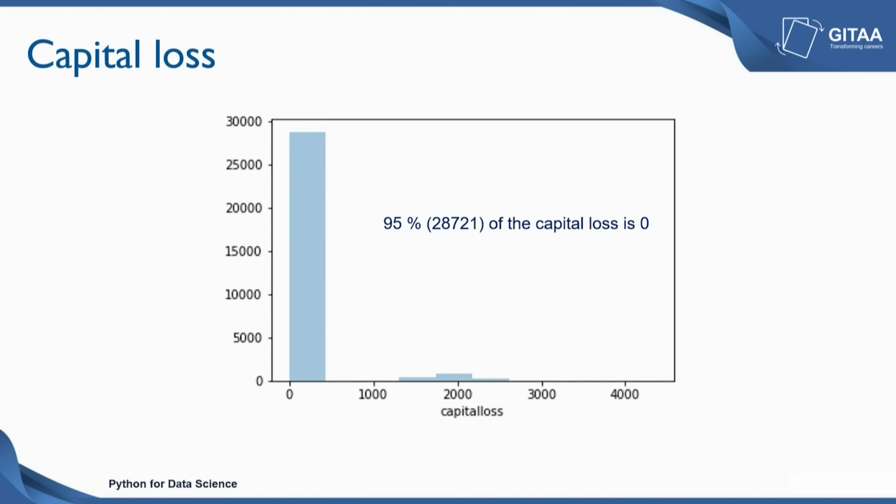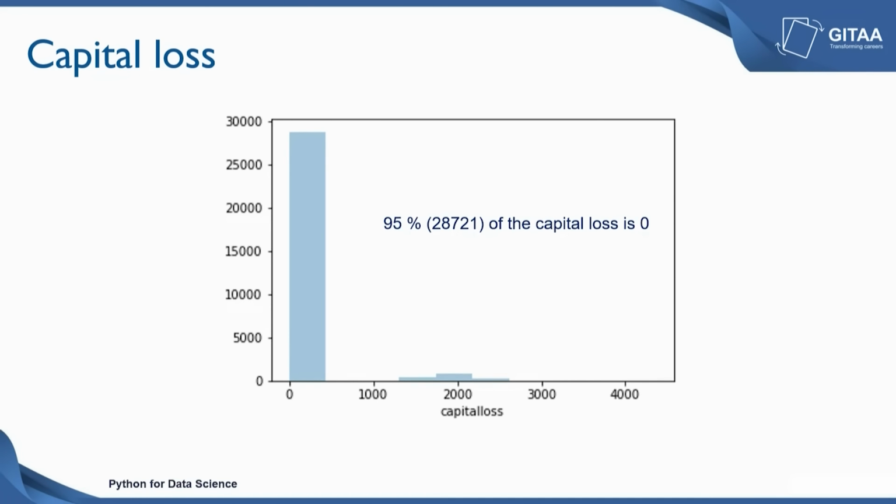So, either they would have not invested, or the capital loss is 0 for them, because they have not lost anything from their investment. So, let us see whether this will be an important variable when we try to include this in a model.